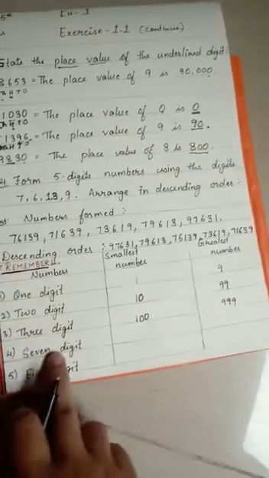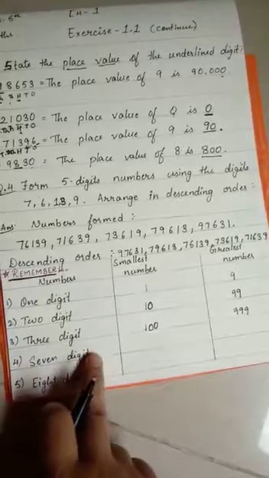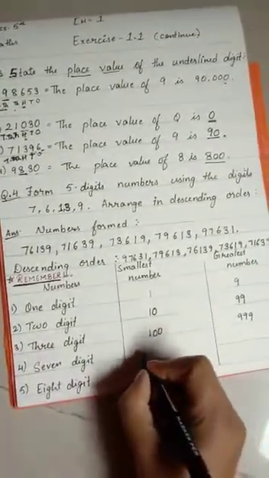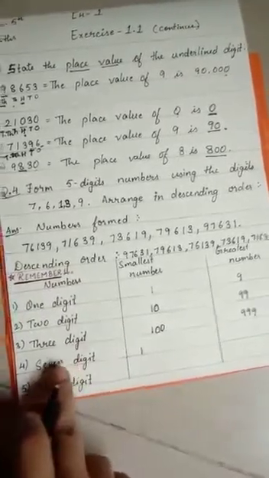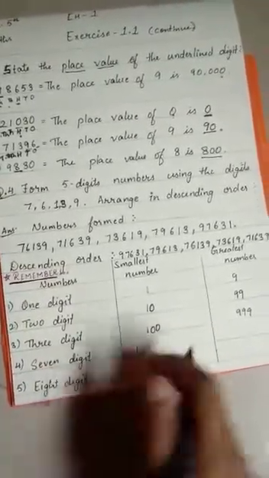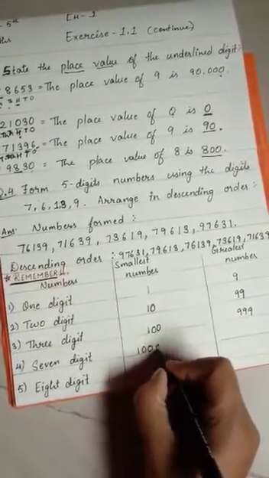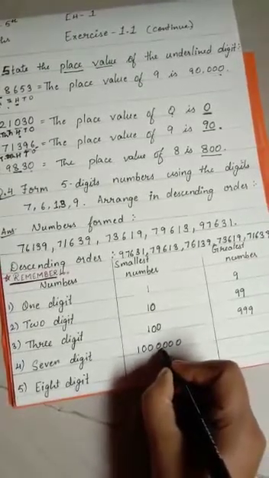Now let's see one more, the 7-digit smallest number. I will write 1, and after that how many digits are remaining? 6, because I have already written 1. So 6 zeros: 1, 2, 3, 4, 5 and 6. Put commas.